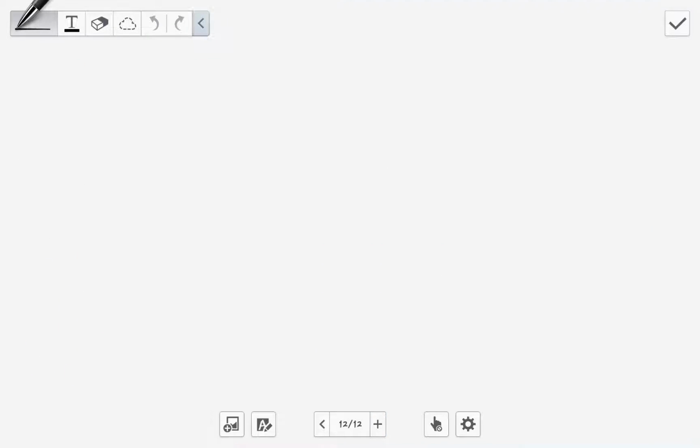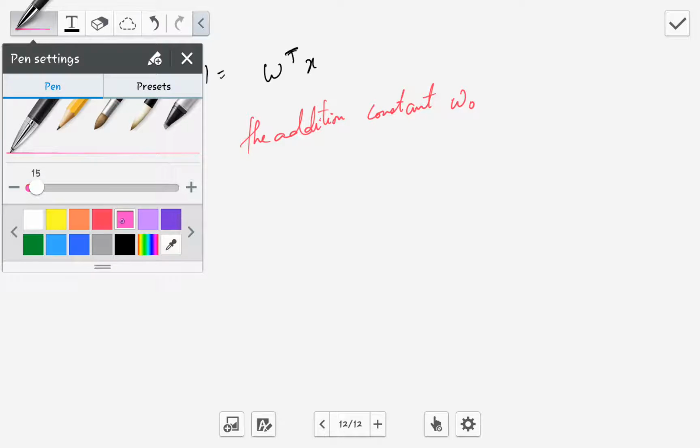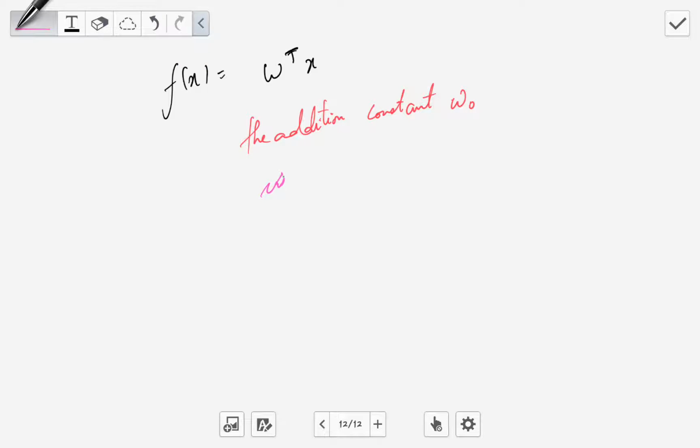Now you see, we nicely have f of x as w transpose x. See that additional constant w0 is absorbed inside. Do you see that?